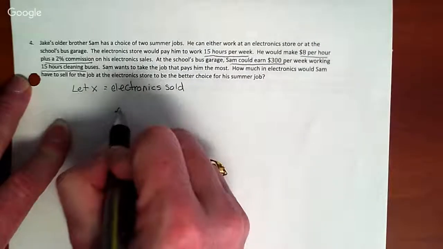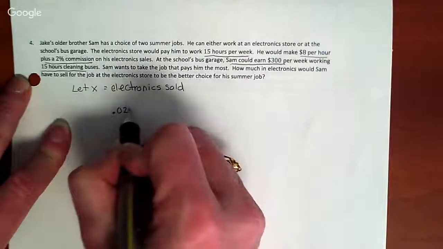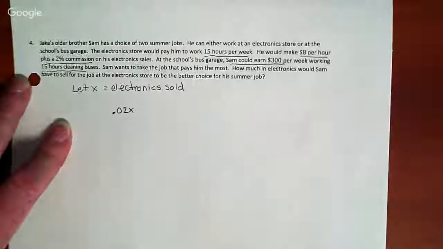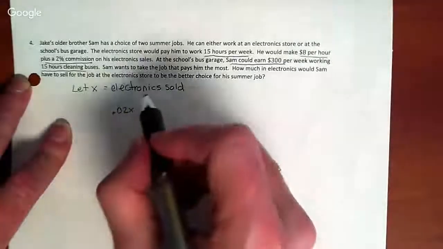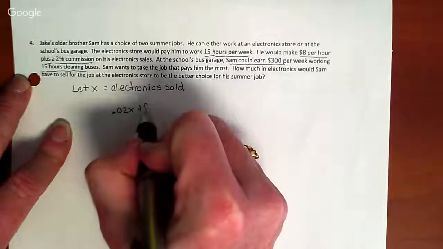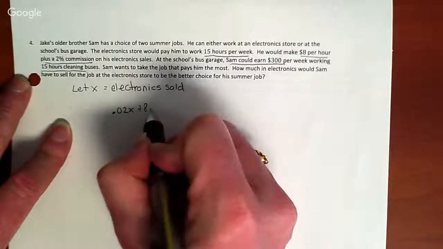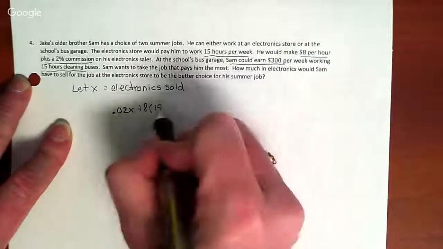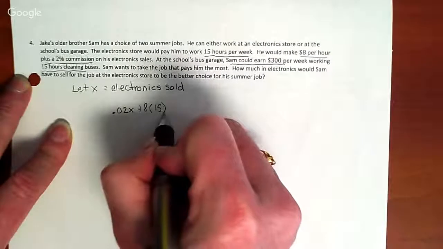So 0.02 times the X, plus 8 times 15, because he gets $8 an hour times the 15.